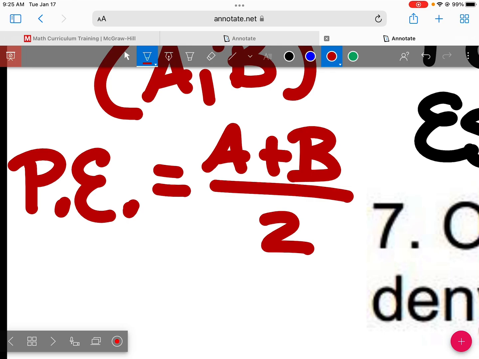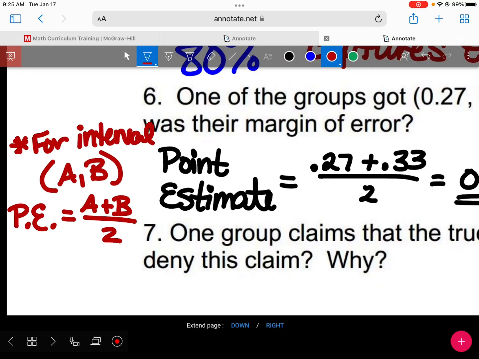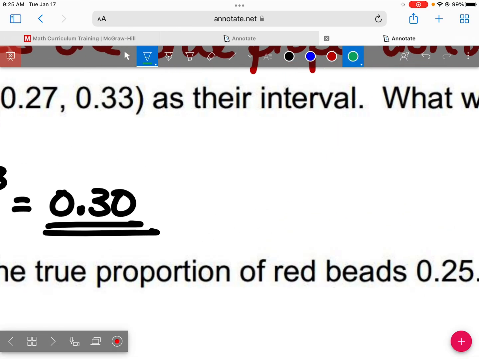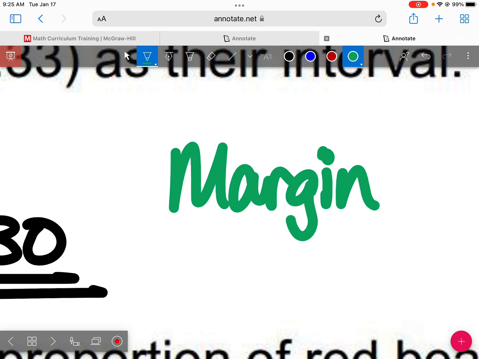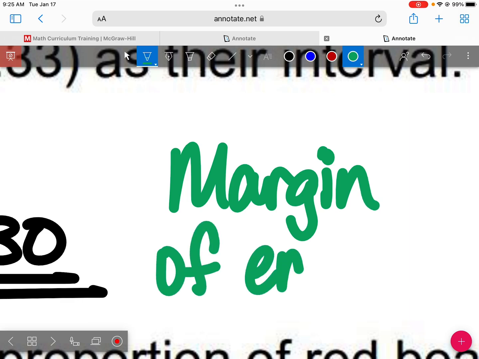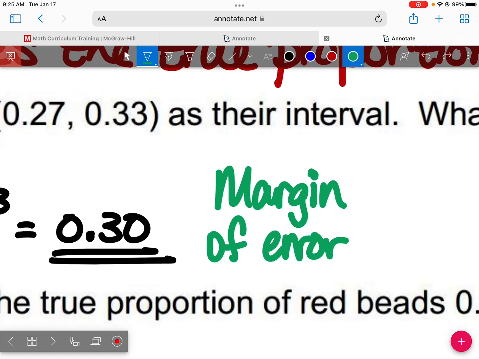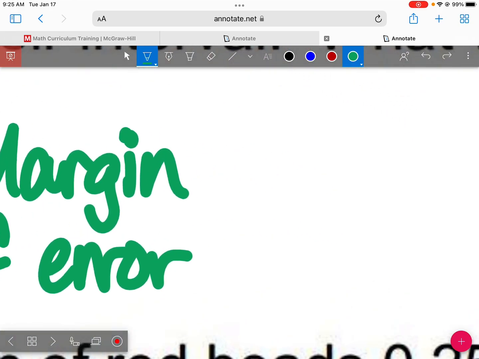Then our margin of error. How would I figure out what we were adding and subtracting to both sides? Subtract 0.3 from 0.33 and subtract 0.27 from 0.3. We can do it like that. We could also, if you just want to work with the numbers from the interval, take the larger one, subtract the smaller one, and cut it in half. That's what was added and subtracted to both sides.